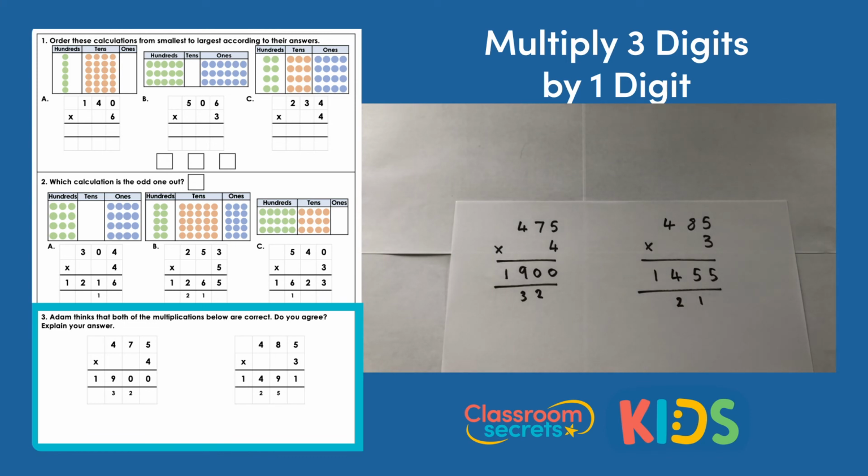Now, in Adam's calculation, he got 1,491, which is different to our answer. But we've worked it out. We know that we've got our exchanges in the right places. So our answer could be, I don't agree with Adam, because the answer to 485 times 3 is 1,455, not 1,491.